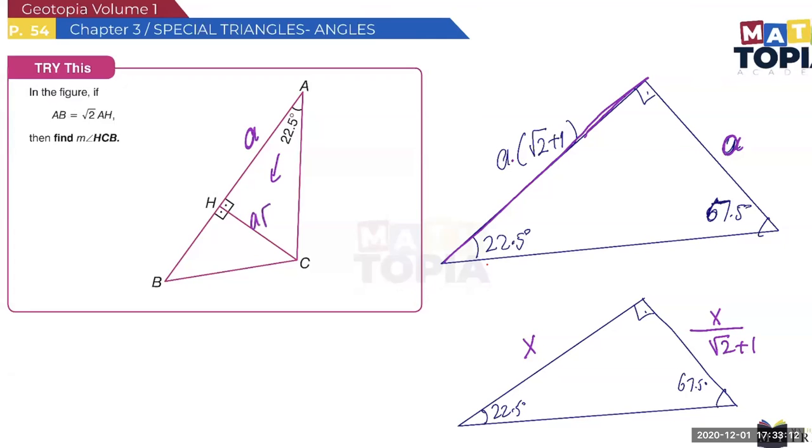A root 2 plus A, right? Yes. Then, what am I going to do? And AB is going to be A times root 2. Then this is going to be A root 2 minus A.